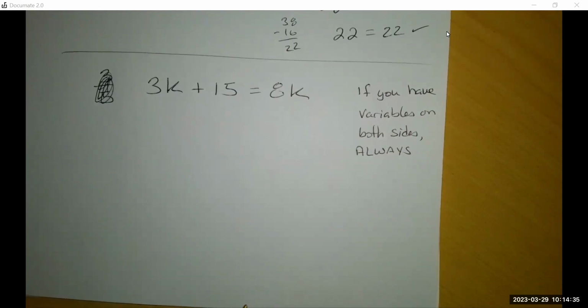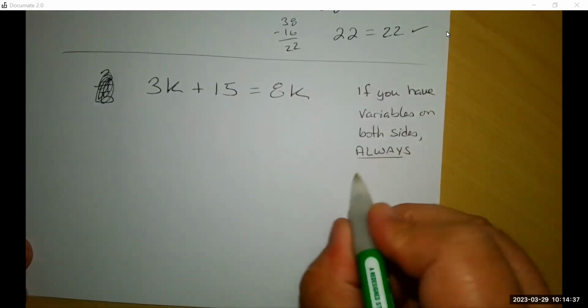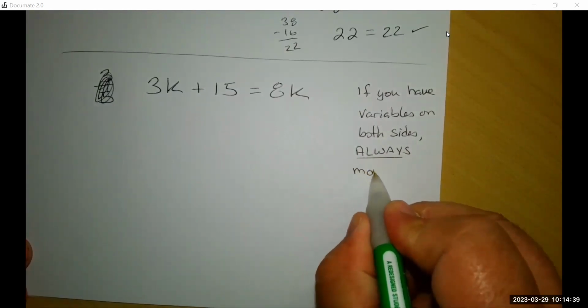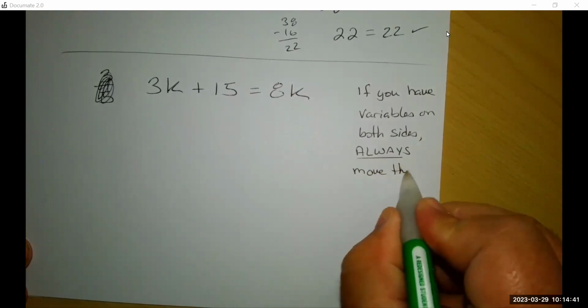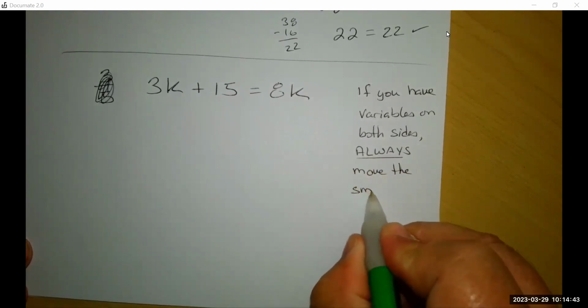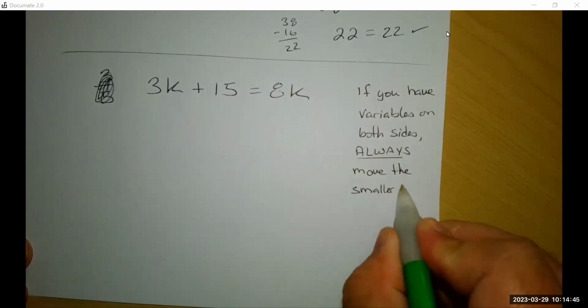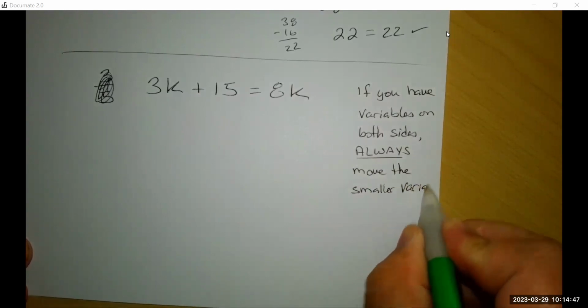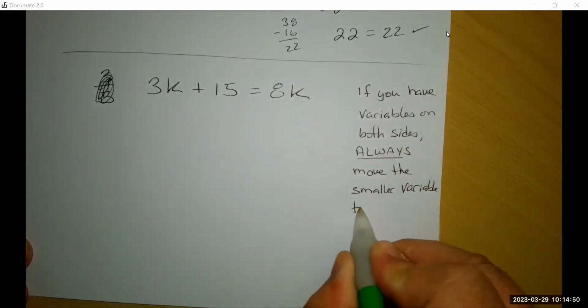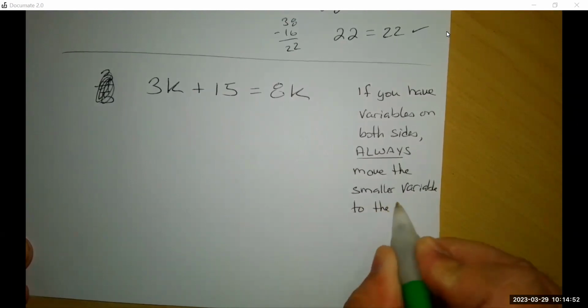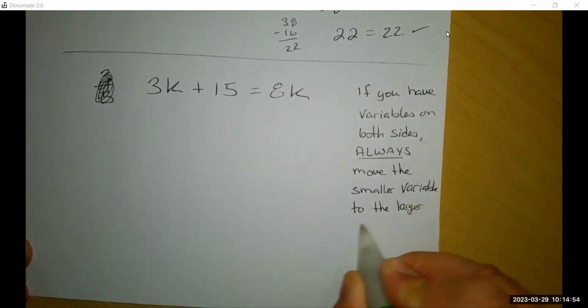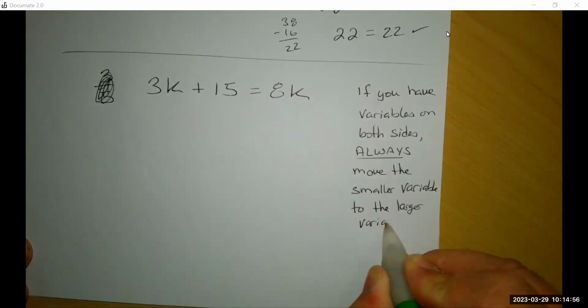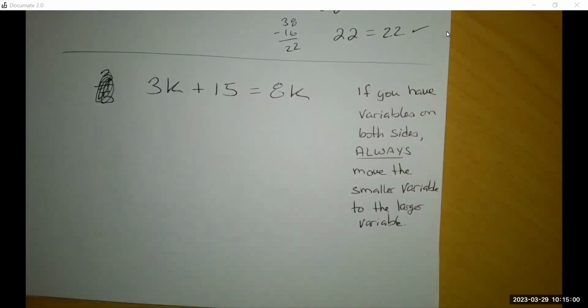If you have variables on both sides, always move the smaller variable to the larger variable. Can anybody guess why?